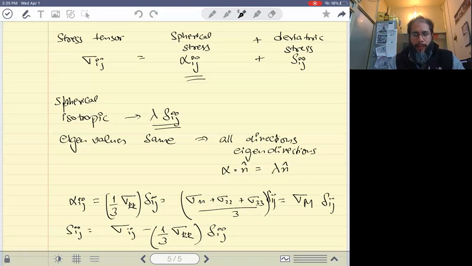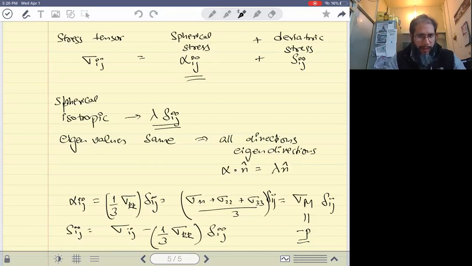So if anybody has studied fluid mechanics or is studying it, or will be studying it, then everybody actually knows about pressure because you already have learned that in your school. So for fluid mechanics, this sigma m is minus p. So towards the end of this course, we'll actually do some discussion on fluid mechanics. There we'll see that it's the pressure, the hydrostatic pressure, which is the spherical part of the stress tensor.